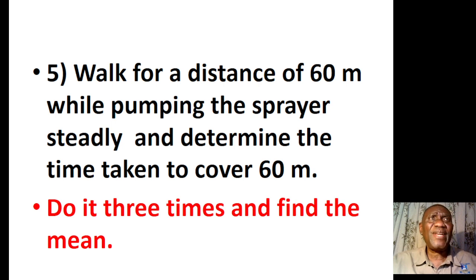Then you walk for a distance of, let's say, 60 meters while pumping the sprayer steadily, and determine the time taken to cover that 60 meters. Do it 3 times and find the mean.